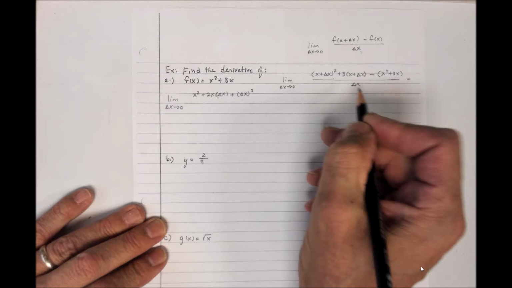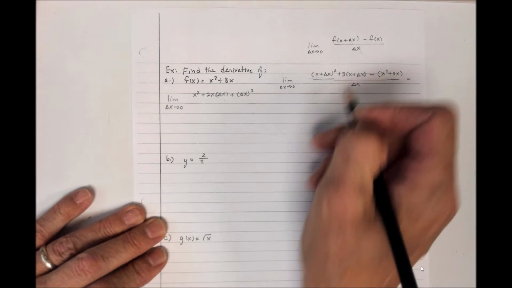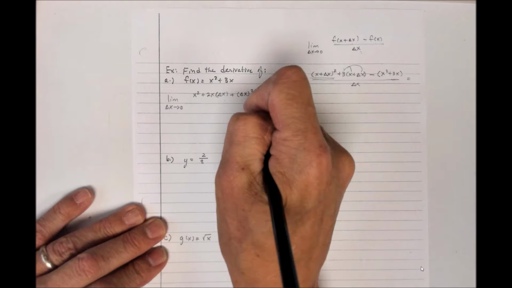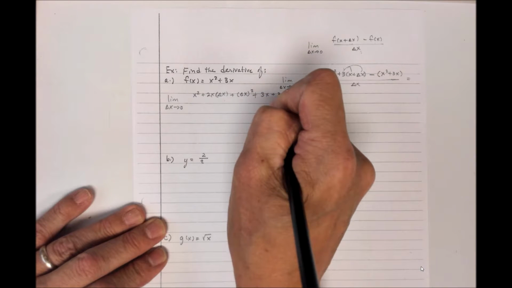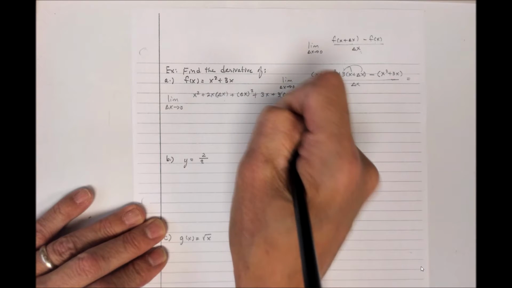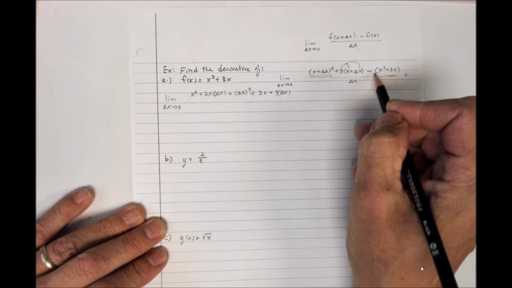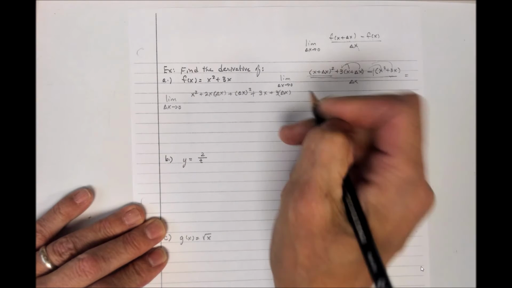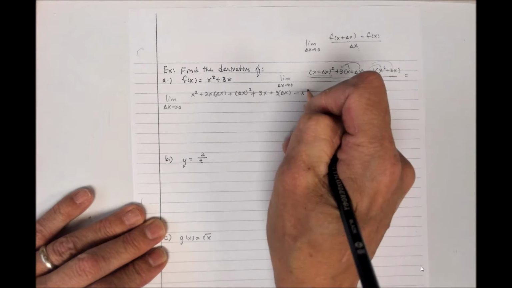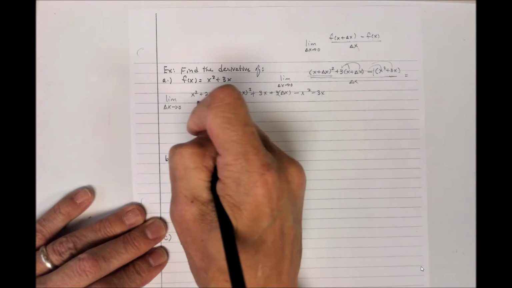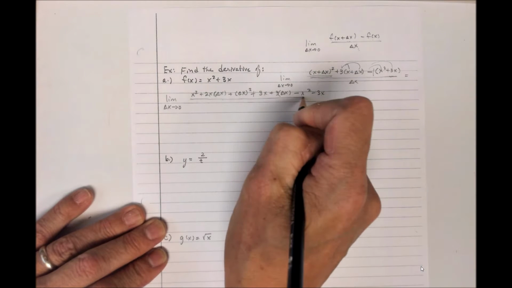And that's this part right here. Here I distribute, so that'd be plus 3x plus 3 times delta x. And then here I have to distribute because it's a subtraction sign. So that's minus x to the second power minus 3x. And that's all over, yikes, delta x.